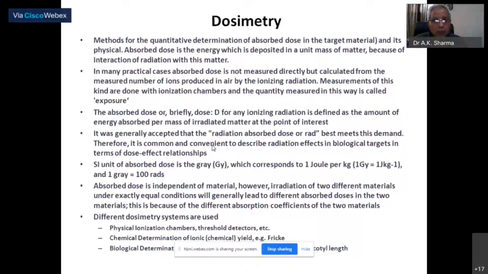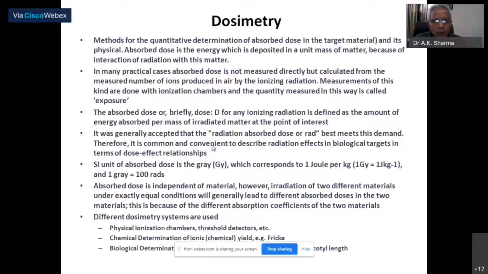So normally there is some difference between the exposure dose and the absorbed dose. Absorbed dose, or briefly also called the dose or D of any ionizing radiation, is defined as the amount of energy absorbed per mass of irradiated matter at the point of interest. It was generally accepted that radiation absorbed dose, earlier called RAD, best meets this demand.